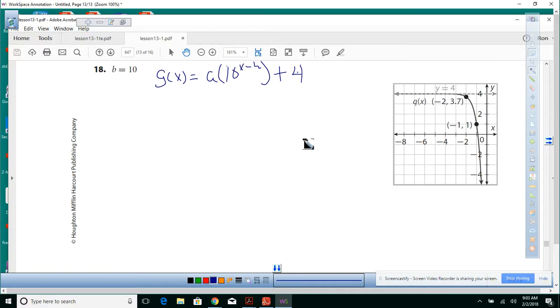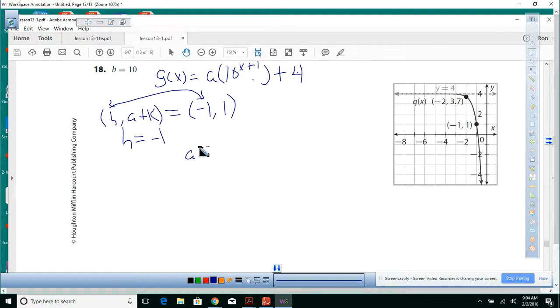Okay, we know k is 4. Well, if we remember (h, a plus k), if that equals (-1, 1), we know that h equals -1. H equals -1. And okay, so we can change this to +1.